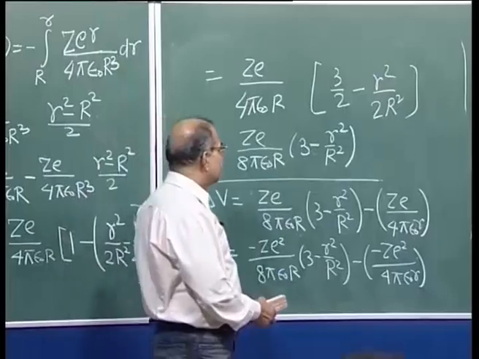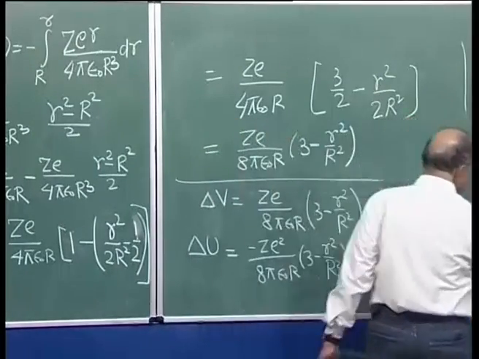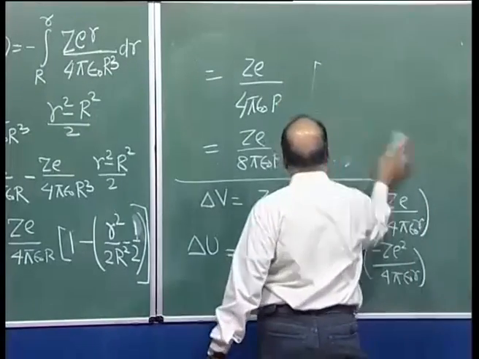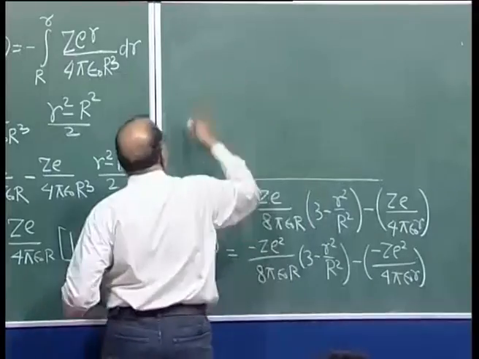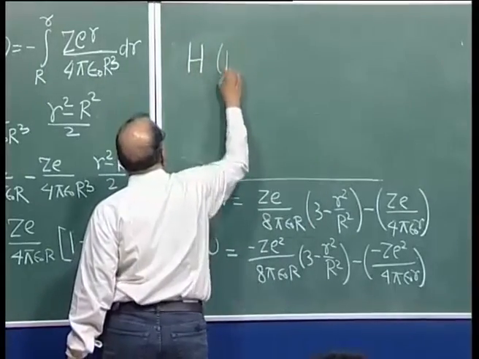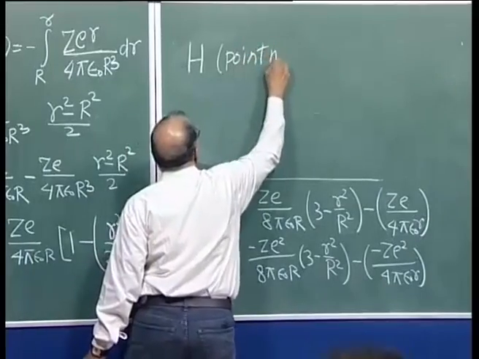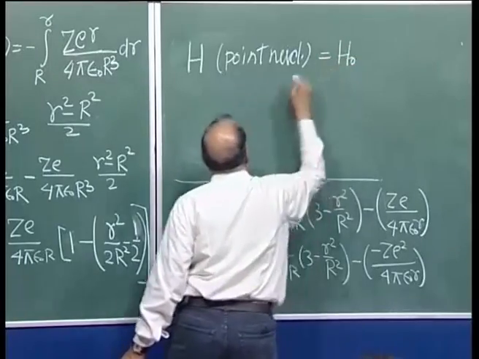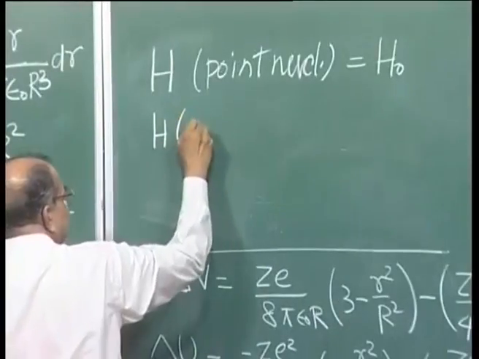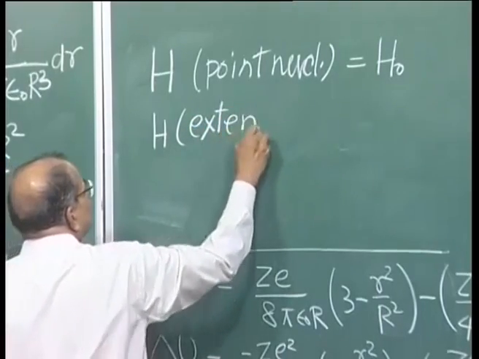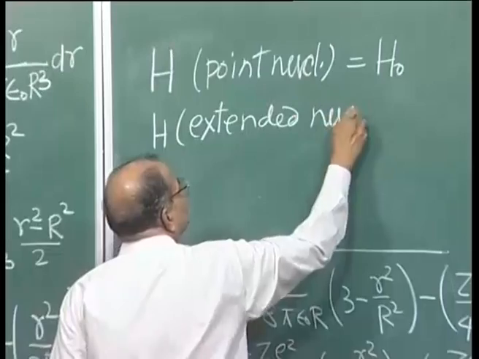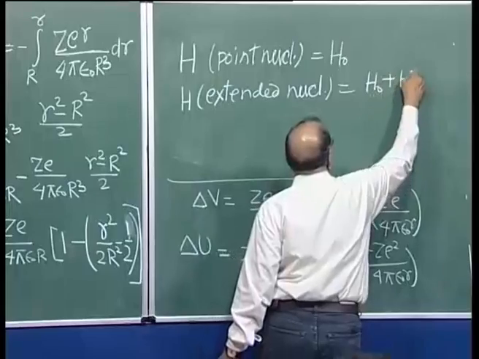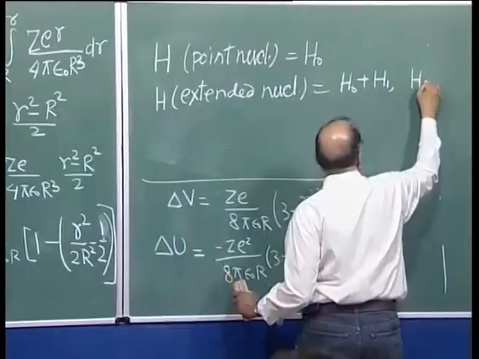The original Hamiltonian, original means with point nucleus, assuming that the nucleus is just a point, call it H naught, and then the Hamiltonian with extended nucleus is H naught plus H 1, and this H 1 is given by this expression that is there.